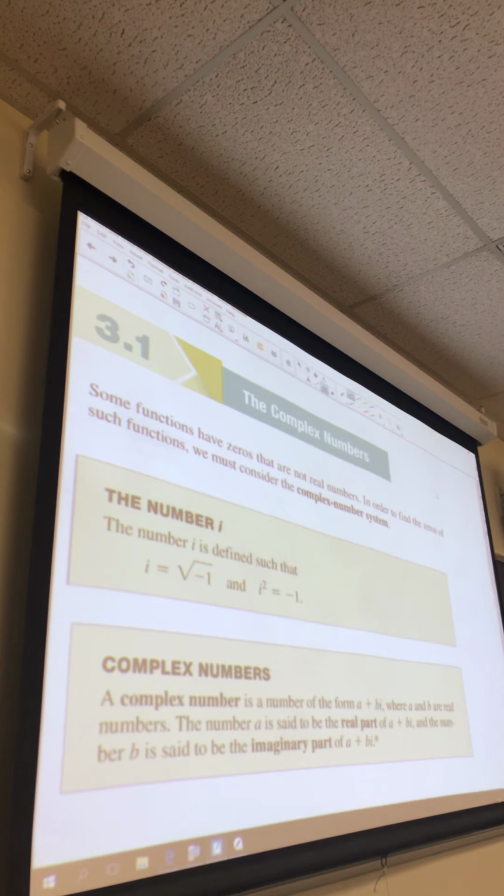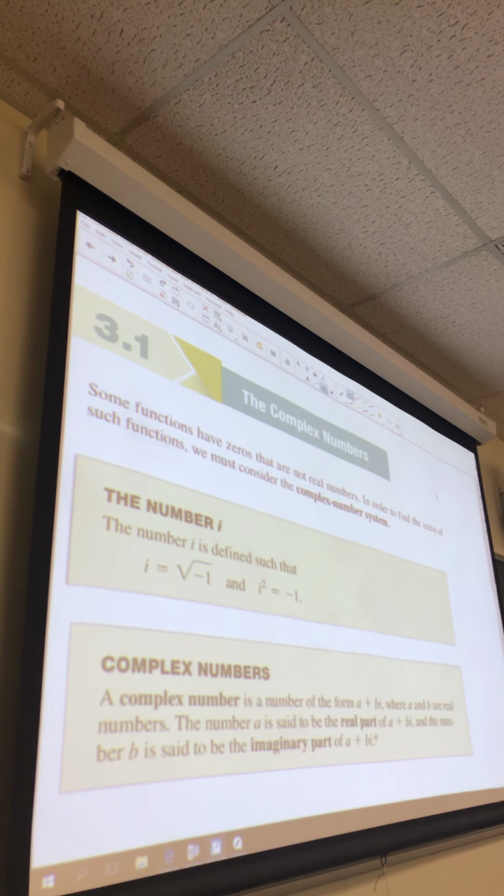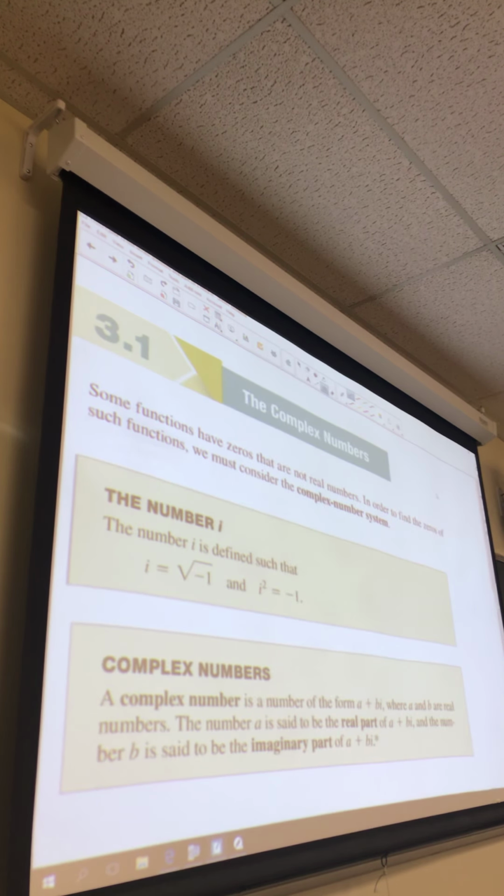Back in the history of math, different mathematicians around the world for many years were doing different problems and theories, and getting a negative under there and having to just slam on brakes because there's no square root of a negative.